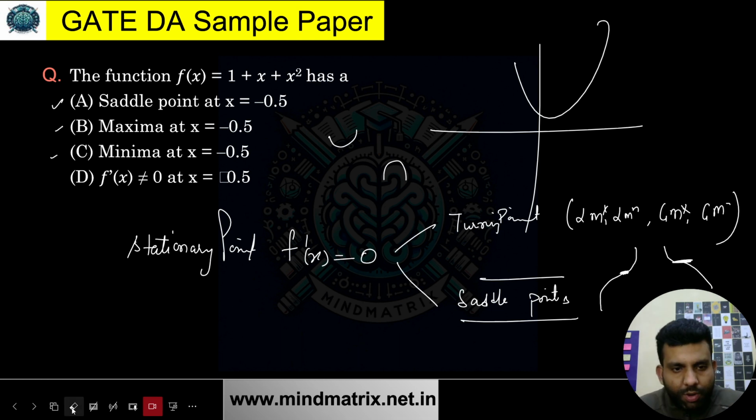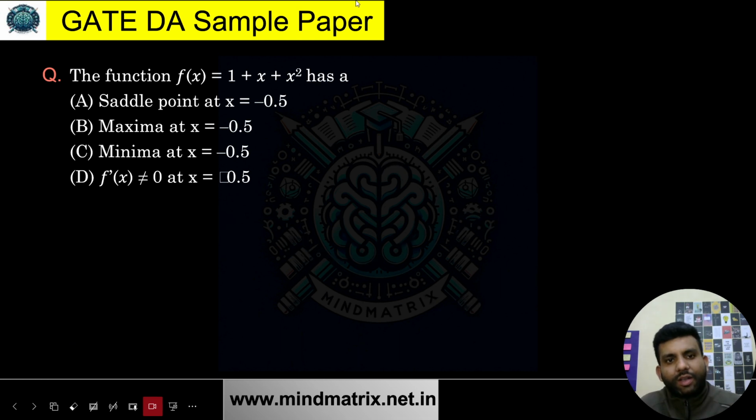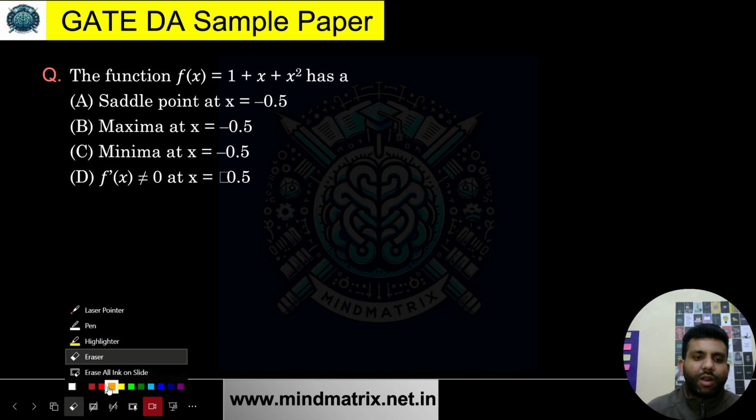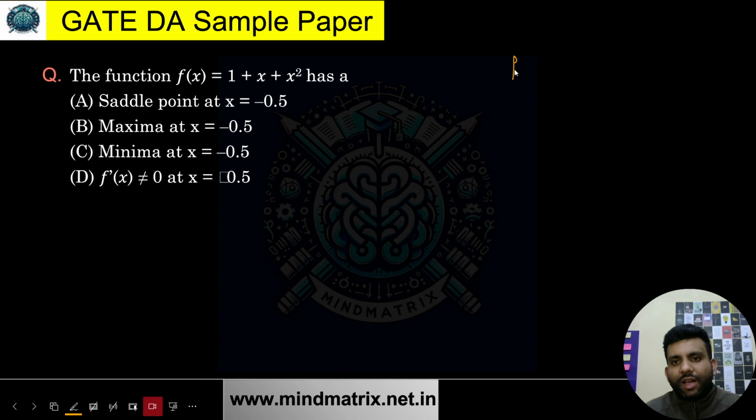Now let's just find out what exactly is going to be your f dash x. So f dash x is nothing but what? Derivative of 1 is 0, and of x square is 2x, so 1 plus 2x.